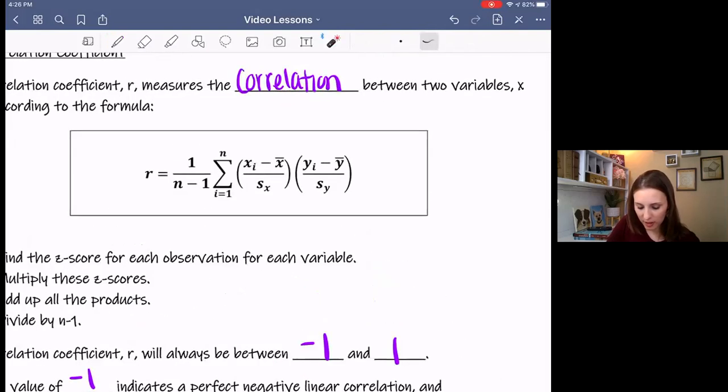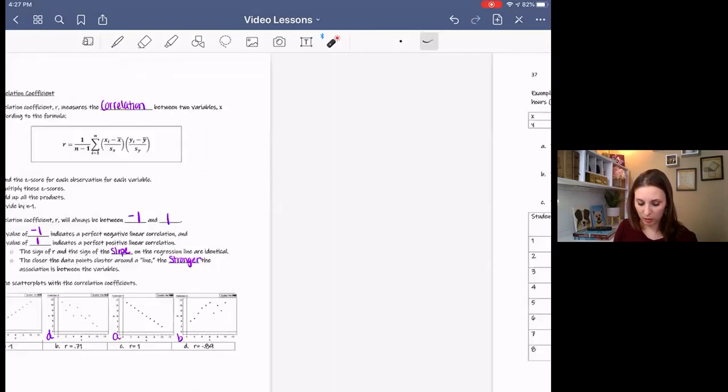We have to find the z-score of each x value, the z-score of each y value, multiply those together, add all of those up, and divide by n minus 1, which means that before we can find z-scores, we need to know the mean of x, the mean of y, standard deviation of x, standard deviation of y. So before we do any of the other stuff, we need to do that.